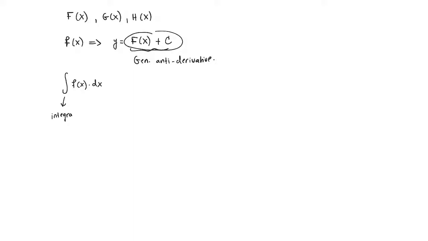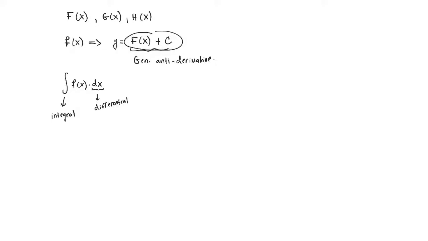As soon as we discuss sections 5.1 and 5.2, you will see exactly why this elongated S is for sum. This piece over here is called a differential. And for now, the differential will just be notation.